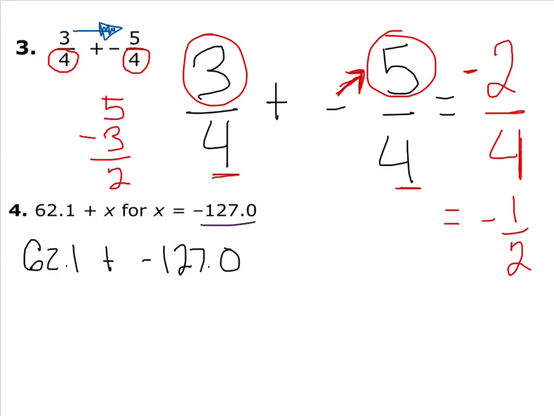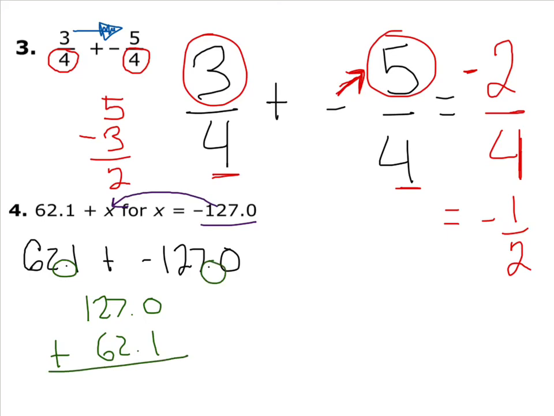If you remember our examples from a moment ago, we know that we have to line up our decimals. So I'm going to have negative 127.0 plus 62.1. Again, I lined up my decimals.